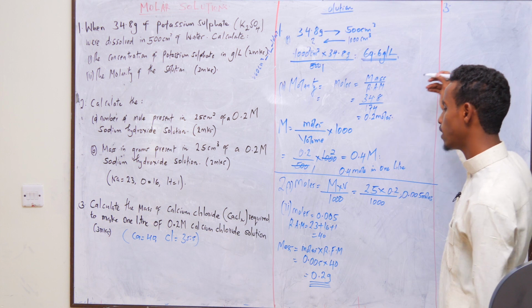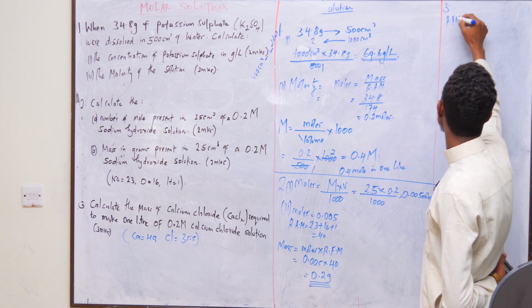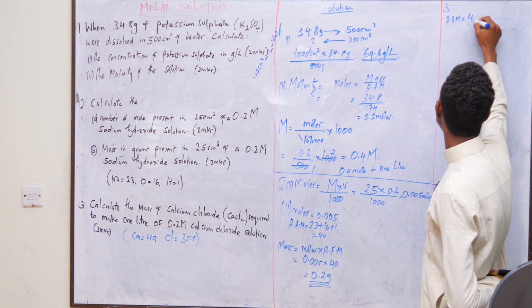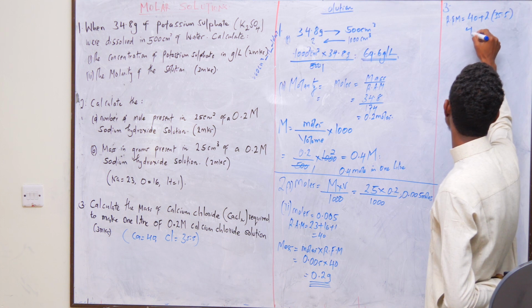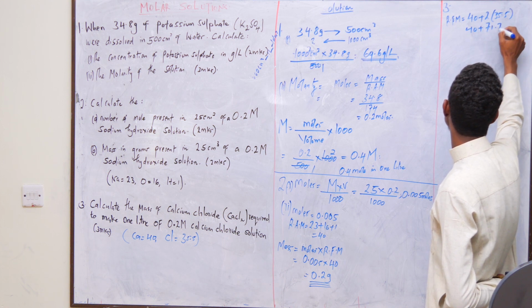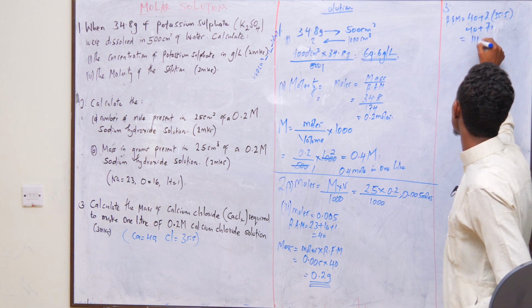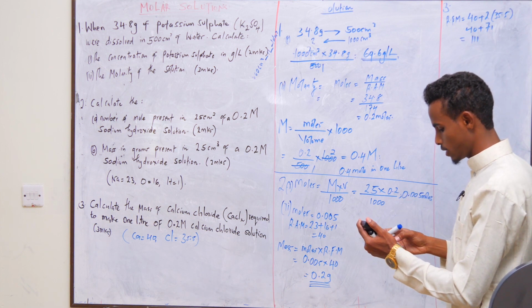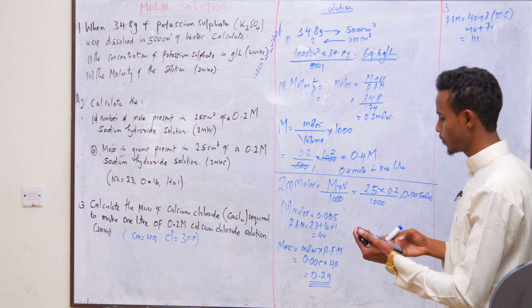Now class, you can see we have the relative formula mass. It will be calcium 40 plus 2 into bracket 35.5, that is 40 plus 71, which will give us 111.